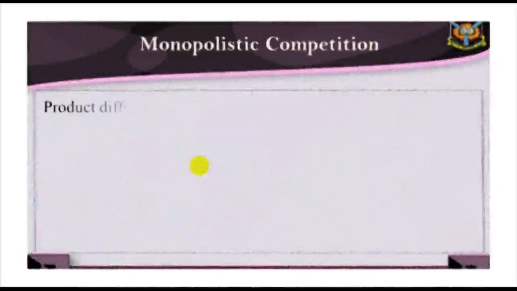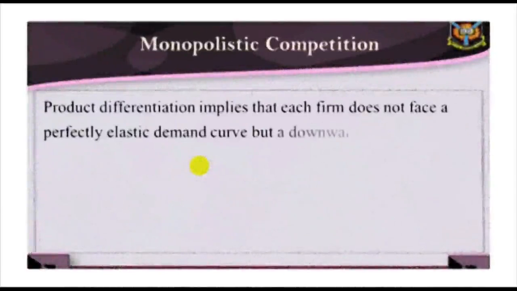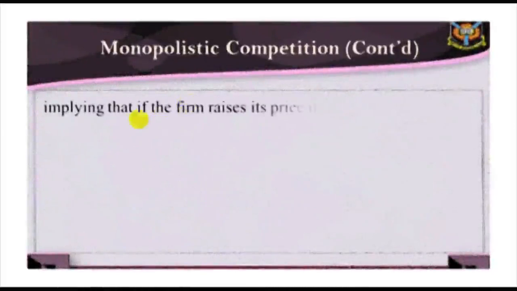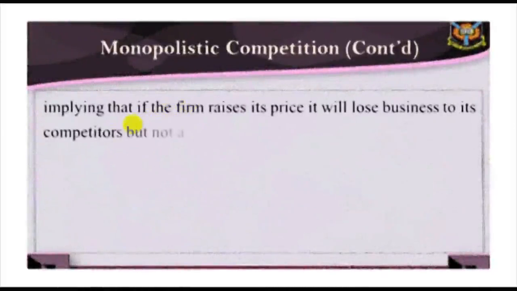Product differentiation implies that each firm does not face a perfectly elastic demand curve. The firm is faced with a downward sloping curve, implying that if the firm raises its price, it will lose business to its competitors, but it will not lose all of its customers just because its prices rise slightly.